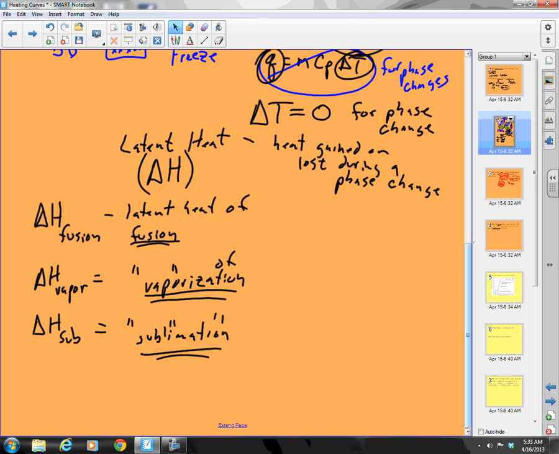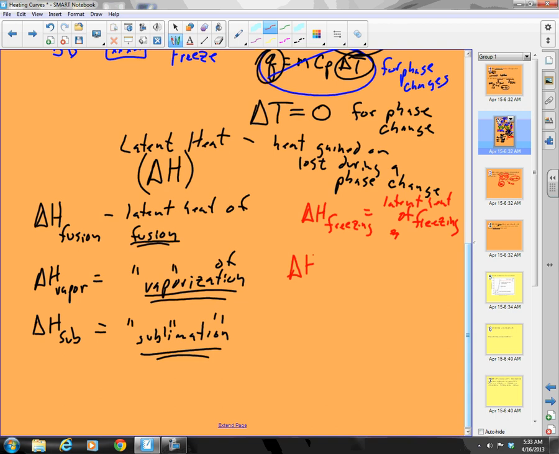And then I would have delta H freezing, which is the latent heat of freezing, which is the heat released. This is the heat released when something freezes.